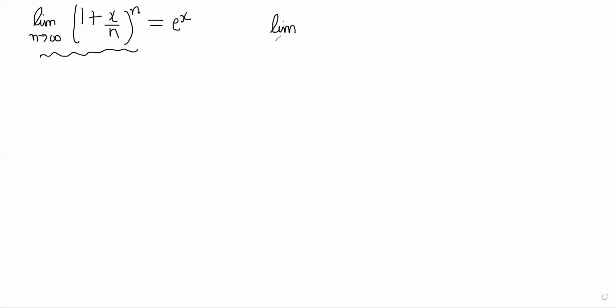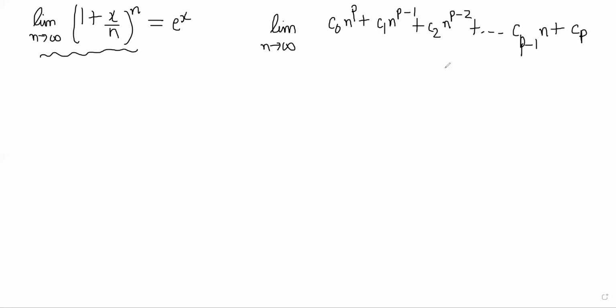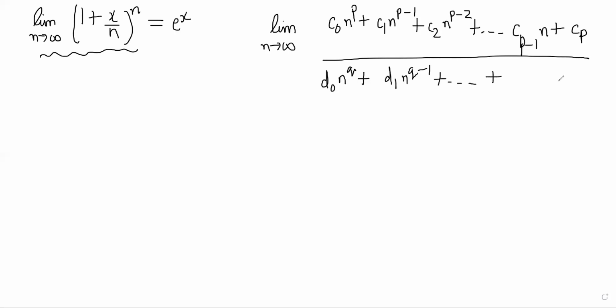There is also one more, which is limit n tends to infinity. Suppose c naught n power p plus c1 n power p minus 1 plus c2 n power p minus 2 and so on. This is a polynomial on top. Cp minus 1 n plus cp divided by, here you have d naught n power q plus d1 n power q minus 1 and so on till dq.